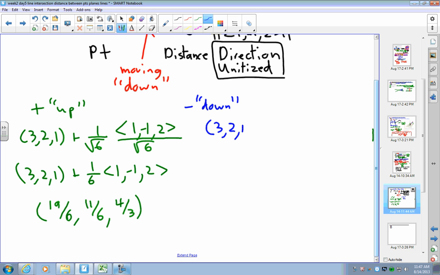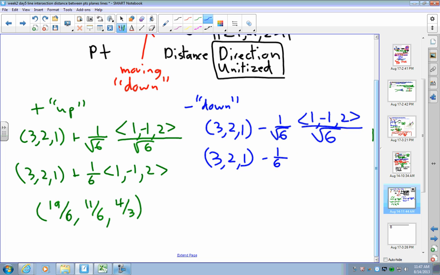Look what happens when we do the down. 3, 2, 1 minus 1 square root of 6, 1, negative 1, 2, square root of 6, 3, 2, 1, minus 1/6, 1, negative 1, 2. And this one actually gets me, let's see, 17/6, 13/6, and 1/3.